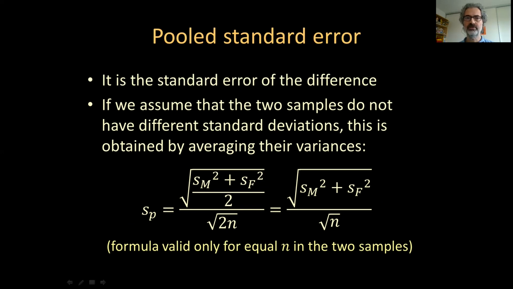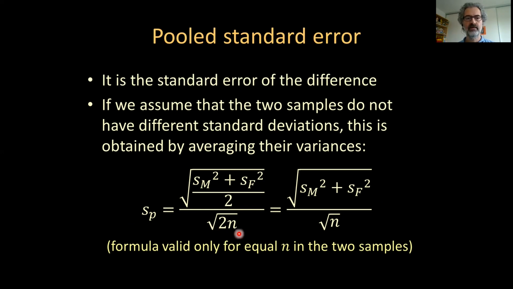This formula also does not apply if the standard deviations of the two groups are different. This is just the simplest possible case, so you can have an idea of what the pooled standard deviation and pooled standard error mean, and the way in which they're conceptualized and can be basically calculated in the simple case.